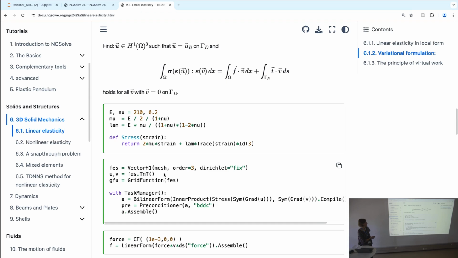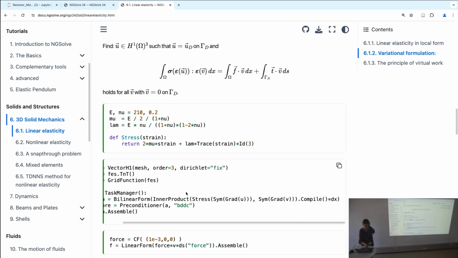We define trial and test function u and v, as you usually do in mathematics, and then put that formula, stress times strain, into the bilinear form, simply putting there an inner product and multiplying in the end somewhere by dx, which tells NGSolve that it's a volume integral, as we had here.